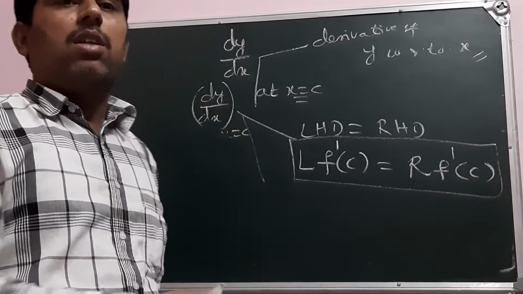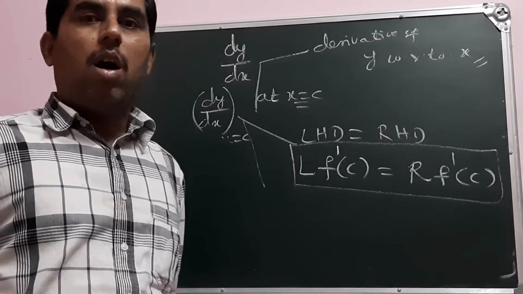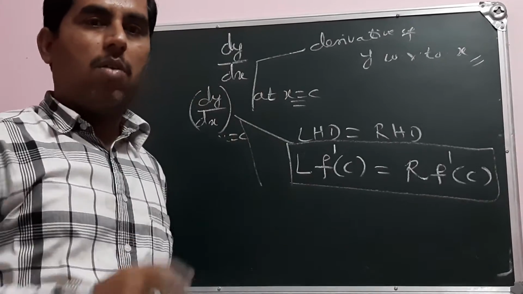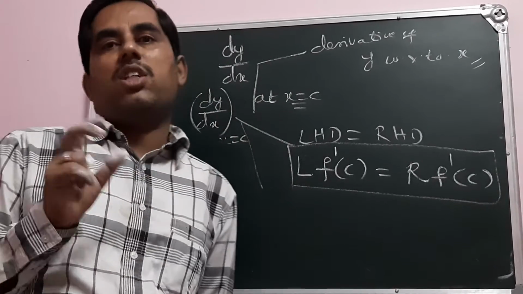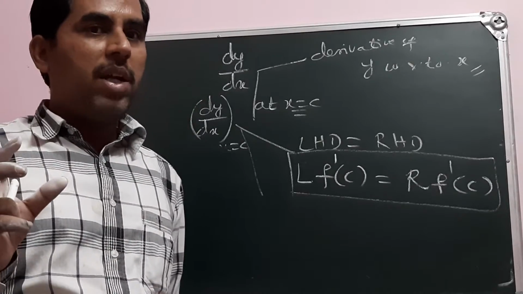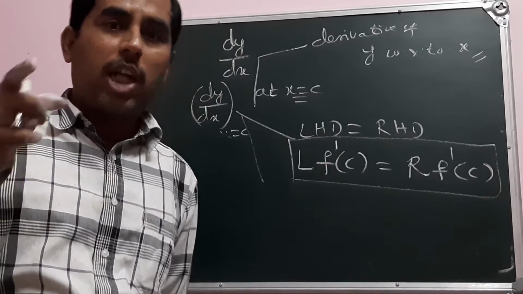In this way we can test whether the given functions are differentiable or not. So this is our chapter, continuity and differentiability. Note down the differences between continuity and differentiability. I am repeating once again. A continuous function means the limit of the function should be equal to the value of the function at the given point.